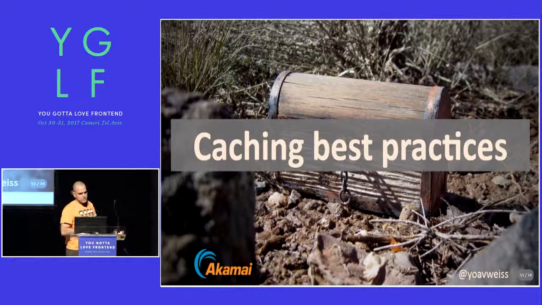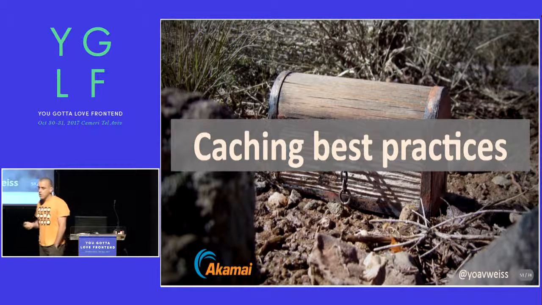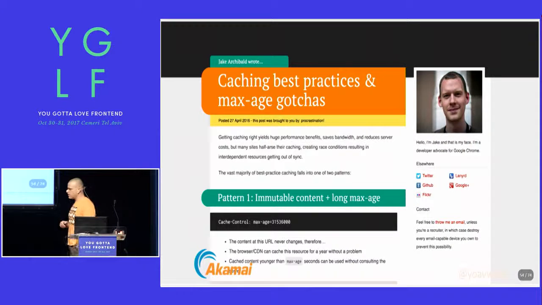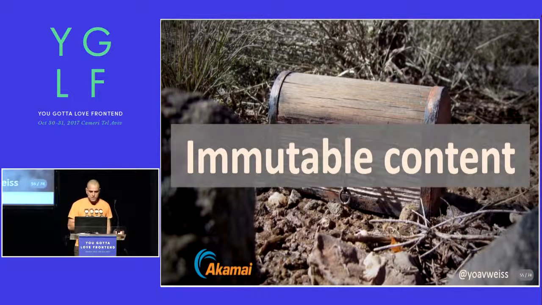Okay. So we just went over a large amount of possible header values, but you're just trying to make your content properly cacheable, right? So what should you do? Well, stealing the advice of Jake Archibald here, there are two main common patterns that you can follow in order to avoid the predicting the future issues we talked about earlier. The first one is immutable content.